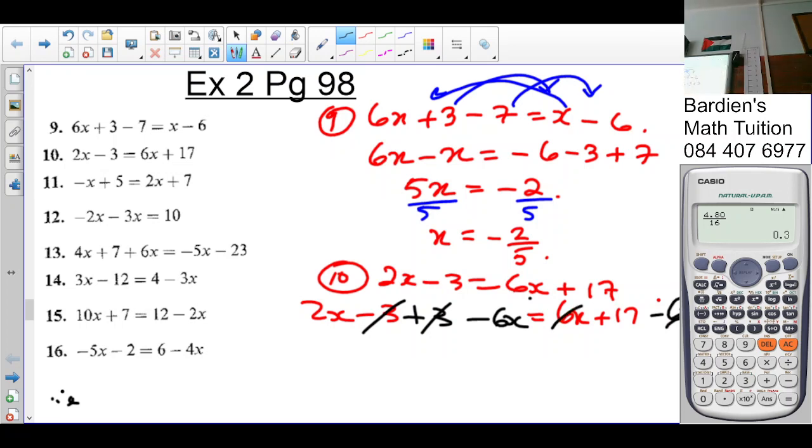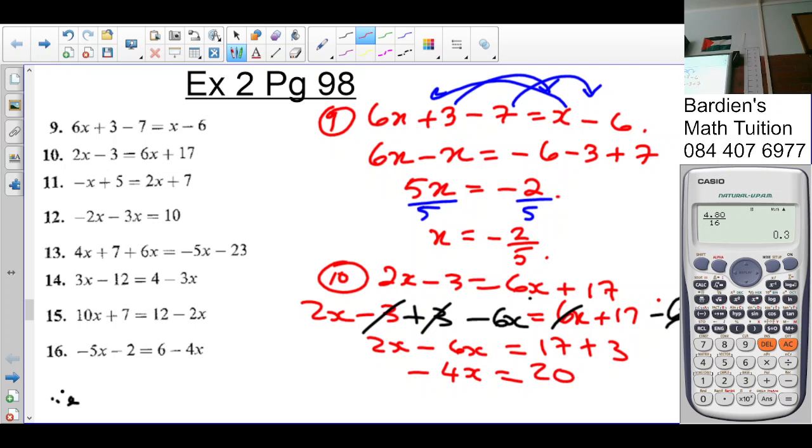So what do you have? You have 2x minus 6x equals 17 plus 3. That's what you got now, no? What is 2x minus 6x? Negative 4x, equals 20.